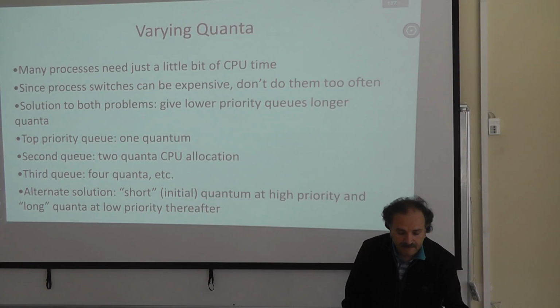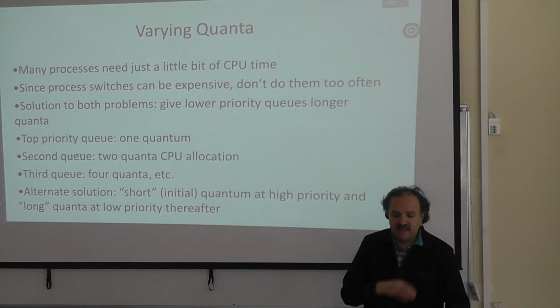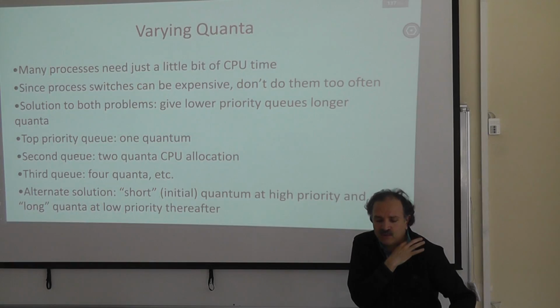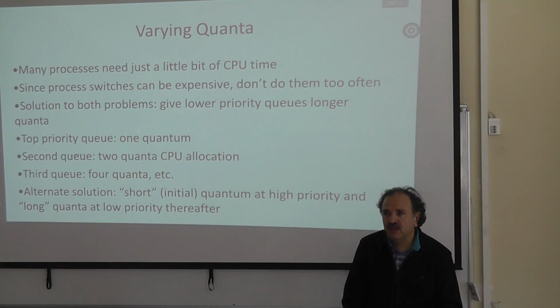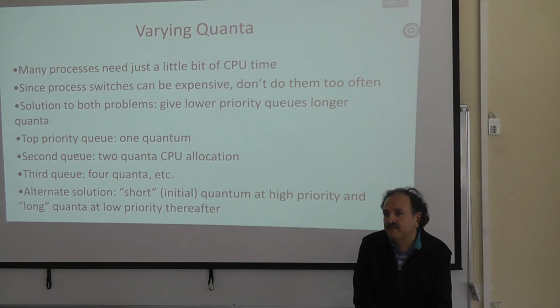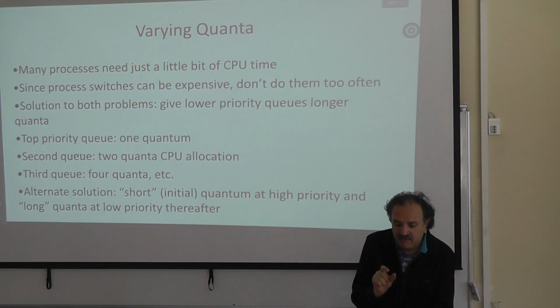Again, instead of adjusting the priorities, sometimes we may say let's adjust the quanta. Don't use a single quantum time for the whole system, but assign different quantum times for different processes. Many processes need just a little bit of CPU time. For those, we should keep the quantum time very small.